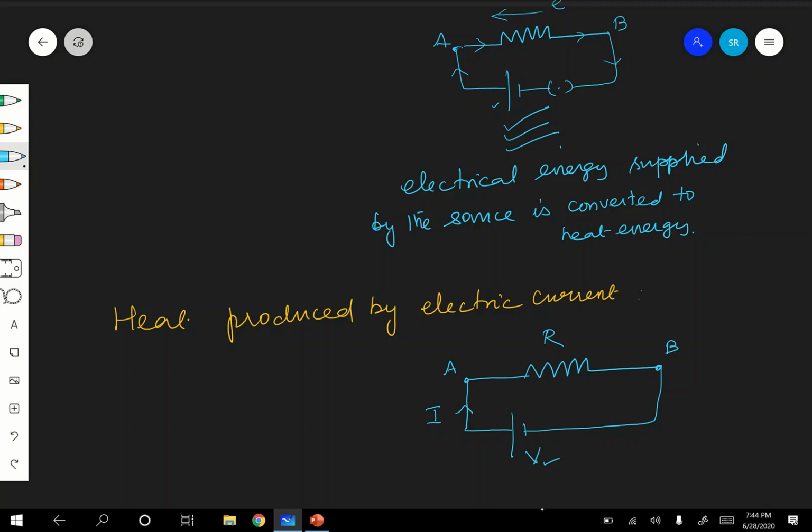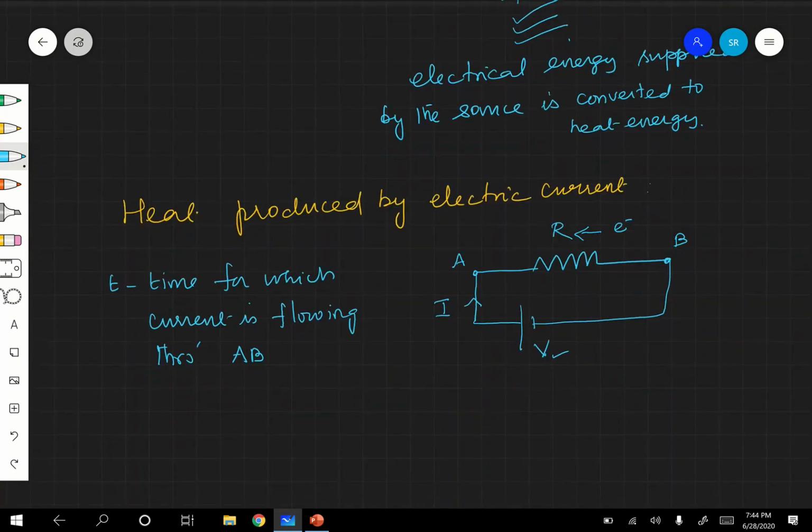The electrons will be moving from this side to this side, that is B to A. Let n be the number of electrons. T is the time for which current is flowing through AB.